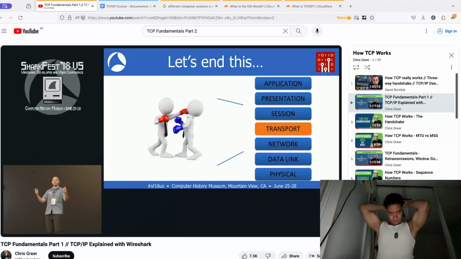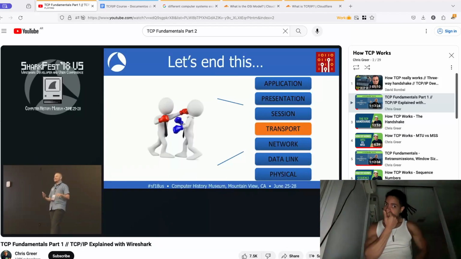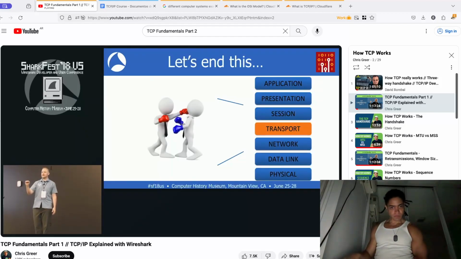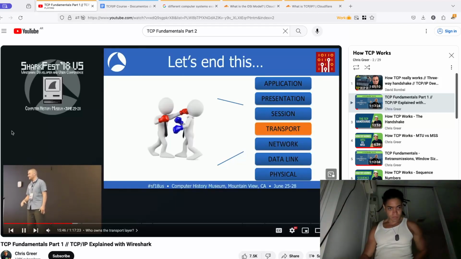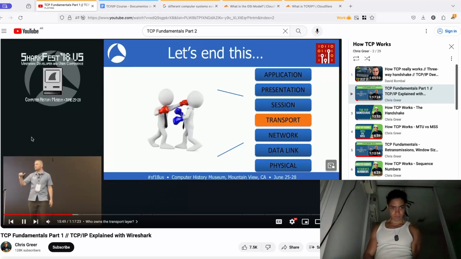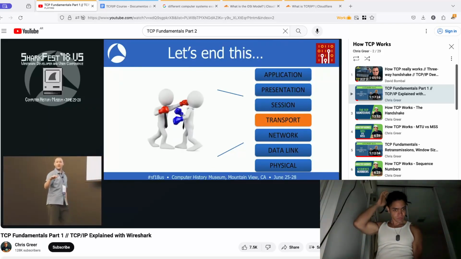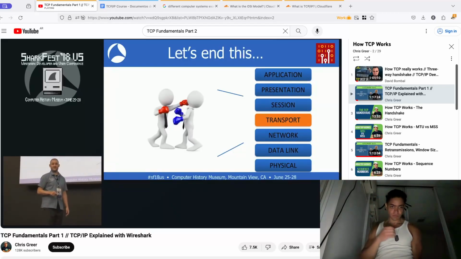So the fact that you're here at SharkFest and the fact that a session like this caught your attention means that that's now you. You're the TCP guy or girl. And you know what? Grab it, own it, live it, breathe it, become an expert at the transport layer. Why? Because you're gonna be the one that can fix some stuff.